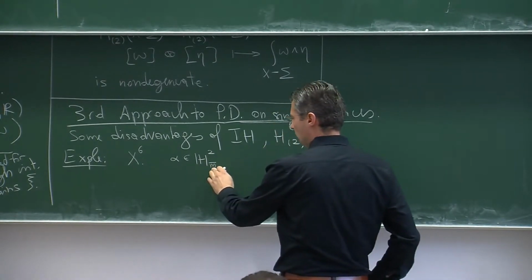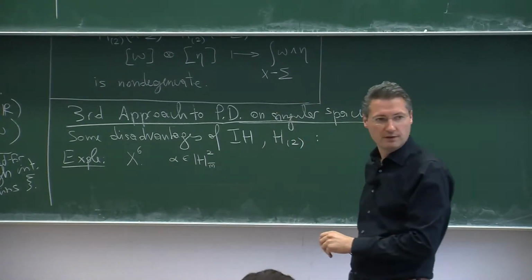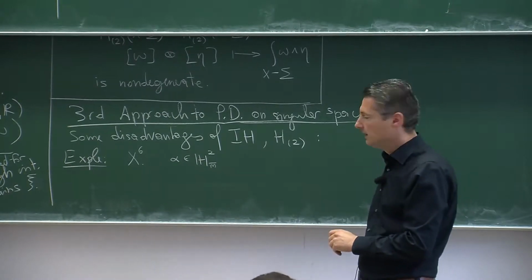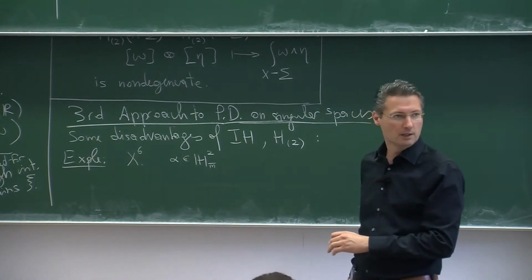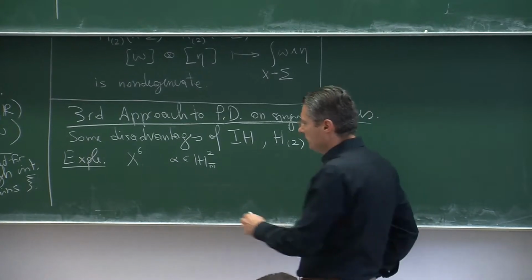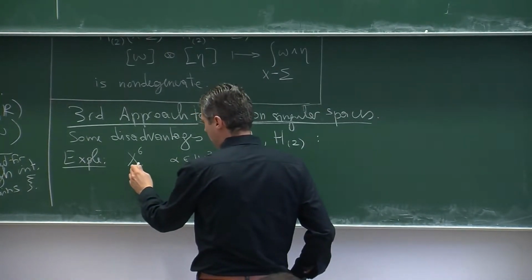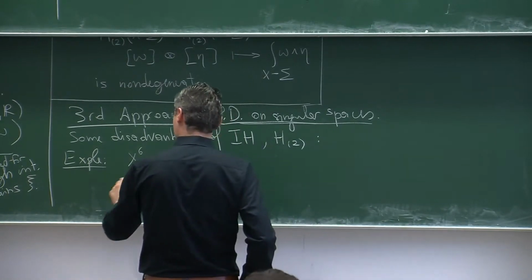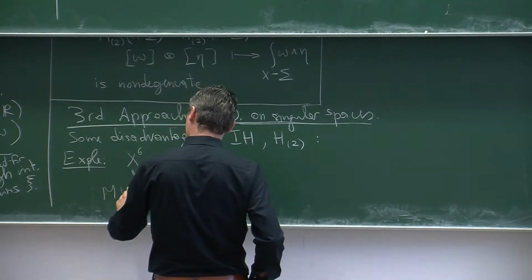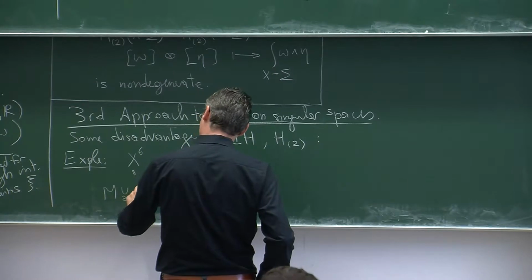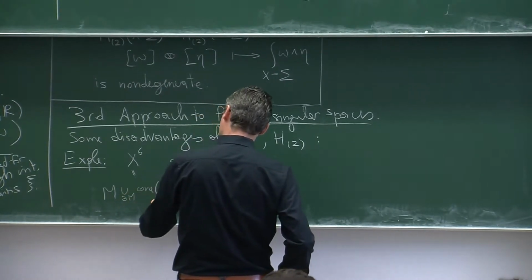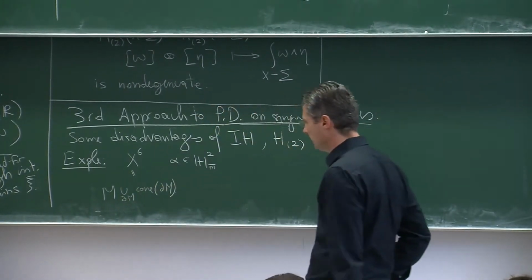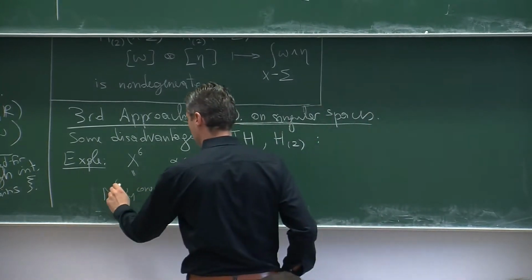Sometimes, by the way, if I don't write a perversity, then I will mean the middle one if there is a uniquely defined middle one. So here I'm supposing, let's say, X has only one isolated singularity. So it is of the form M union along the boundary the cone on the boundary of M. So suppose we're in that simple situation. So this is a 6-manifold, let's say.